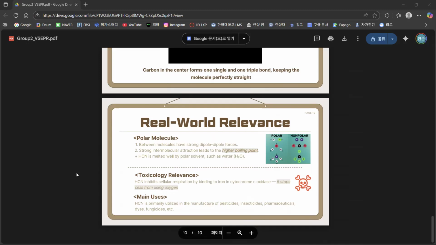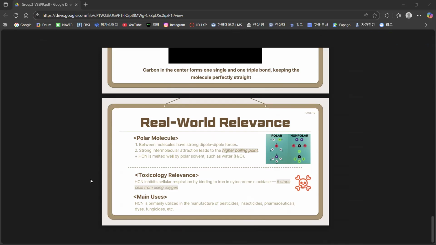In toxicology relevance, HCN inhibits cellular respiration by binding to iron in cytochrome C oxidase. It stops cells from using oxygen. In main uses, HCN is primarily utilized in the manufacture of pesticides, insecticides, and pharmaceuticals, dyes. So, like this, we investigated the real-world relevance.